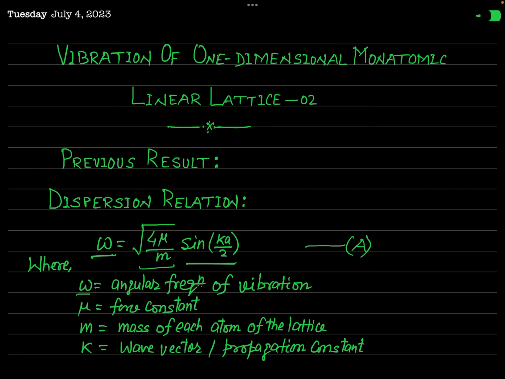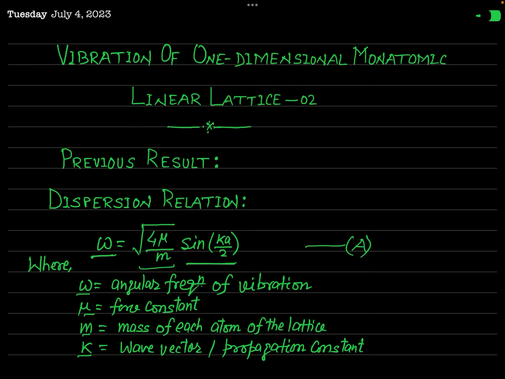In this expression, mu stands for the force constant. M is the mass of each atom of the lattice. As you know, in case of a monatomic linear lattice, the mass of each atom or ion is equal, and that is equal to m, we have assumed. And here k is the wave vector.